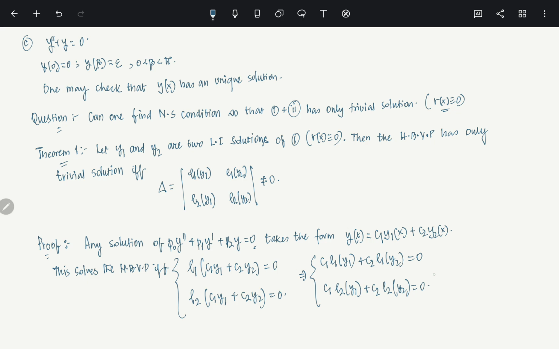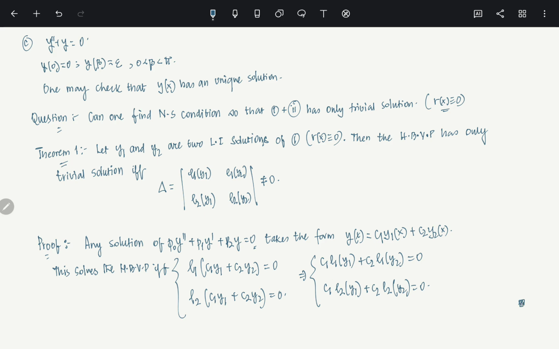So when does this system have solutions, and when is that solution only the trivial solution? It can have many solutions. When is it only the trivial solution? When do you think it happens? If the determinant is non-zero. So that's the condition, hence proved.